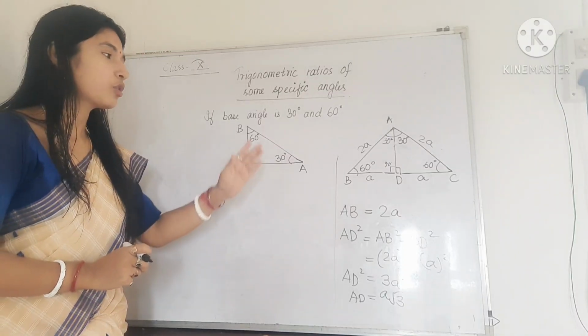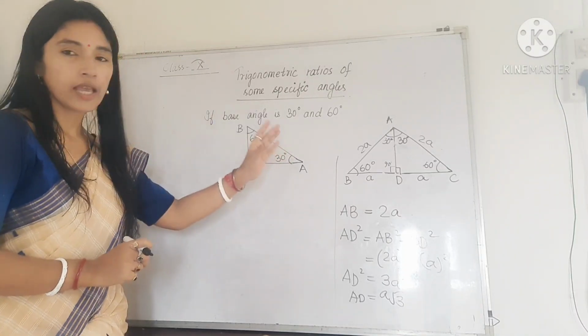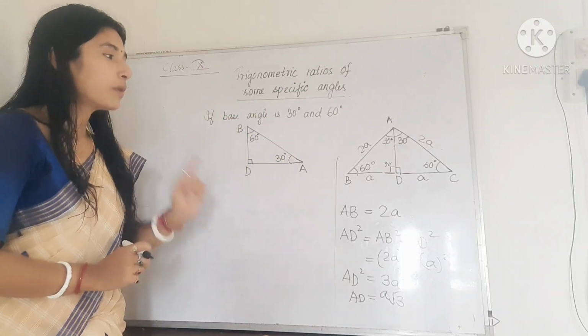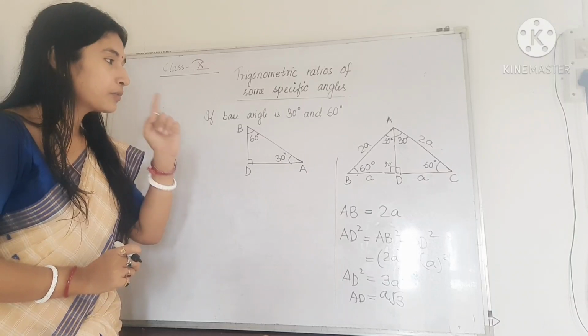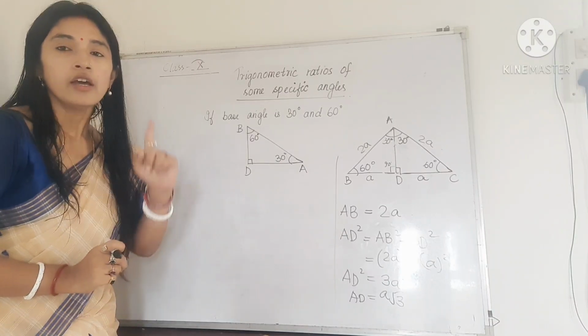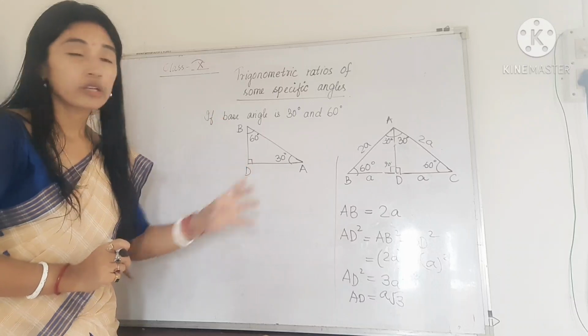Now we are going to find the value of the trigonometric ratio for the base angle 30 degree. So for that also I will use the same right angle triangle ABD, but I have to keep the angle 30 degree in the base. So for that we already know that we have to rotate the triangle.